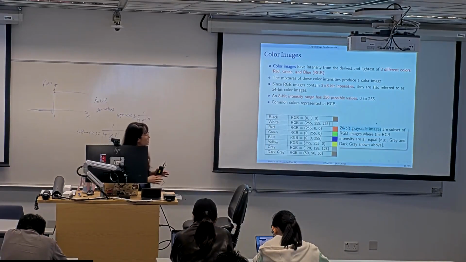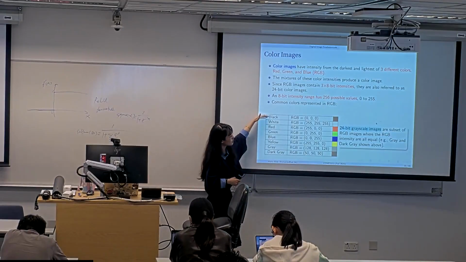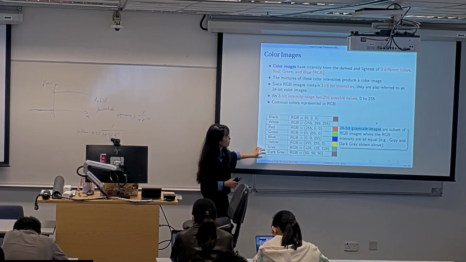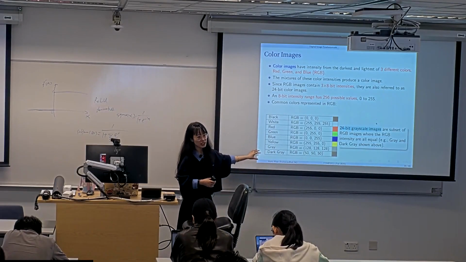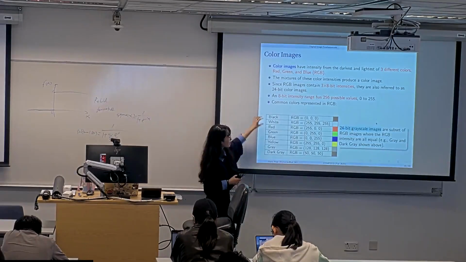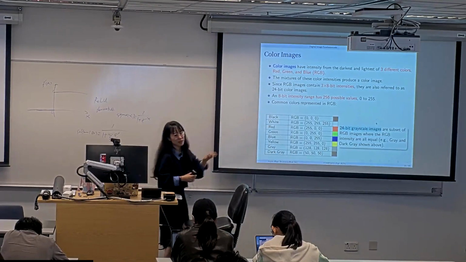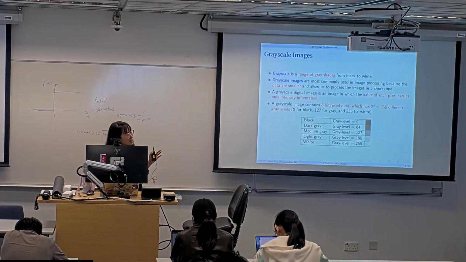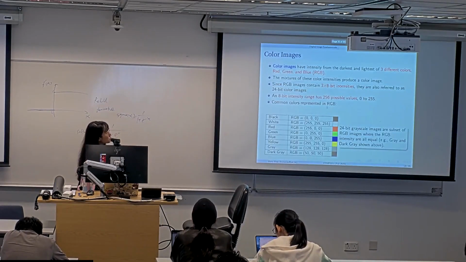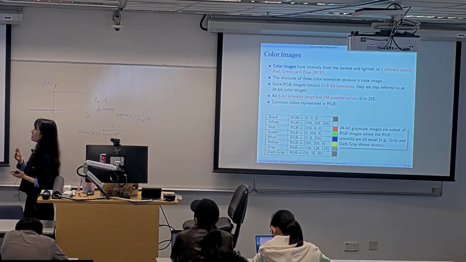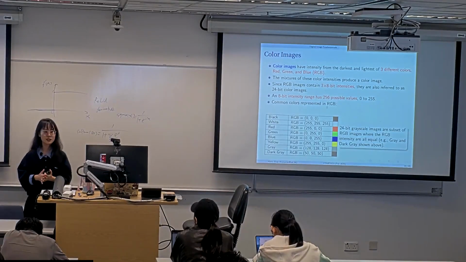Like in this table, black, white, gray, and dark gray are actually 24-bit grayscale images. Their RGB values are equal to each other. Note that these 24-bit grayscale images can actually be represented directly as grayscale images. So this will be the color images. Any questions so far regarding grayscale imagery and color imagery?